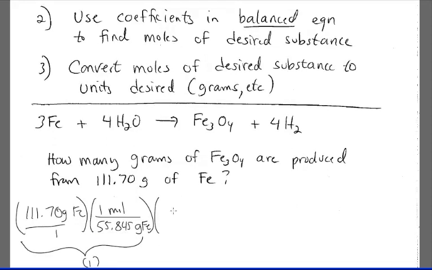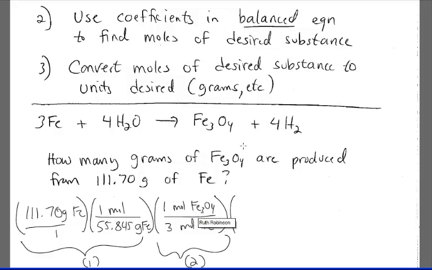Then, step 2 is to use the coefficients to find moles of what you want. We want iron oxide, so that is 1 mole of iron oxide per 3 moles of iron. So that is step 2. Finally, convert the moles of your desired substance, the oxide, to whatever units you want. Well, the equation says how many grams are formed.